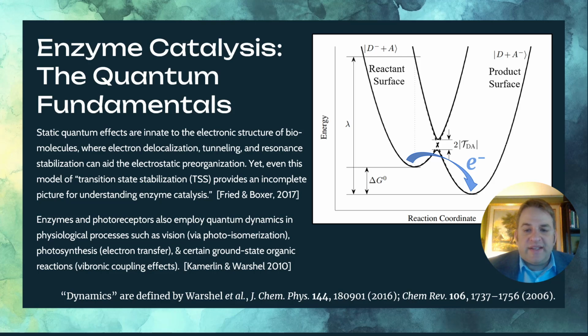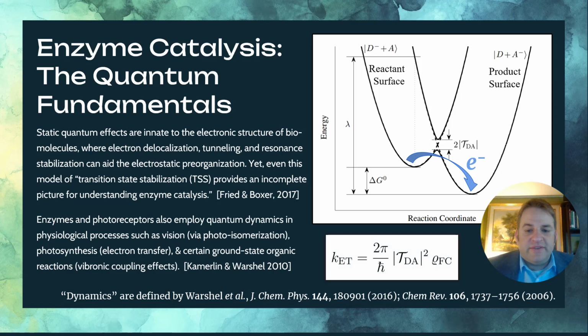And so if we look at something like an electron transfer reaction, the rate, k_ET, is given by what's known as Fermi's golden rule. We have a constant 2π over ħ times a matrix coupling element, the transfer element that couples the donor to the acceptor, squared, and what's known as a Franck-Condon factor.